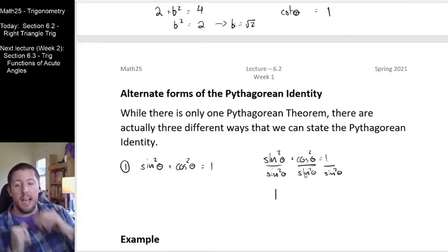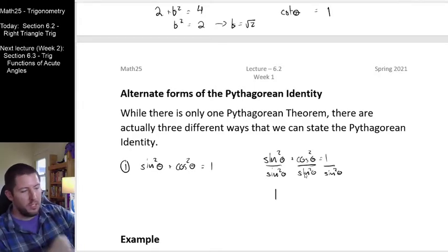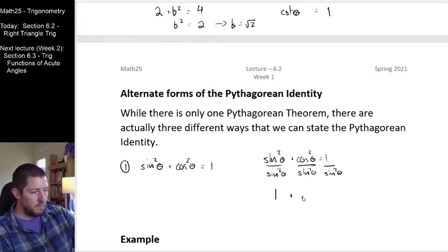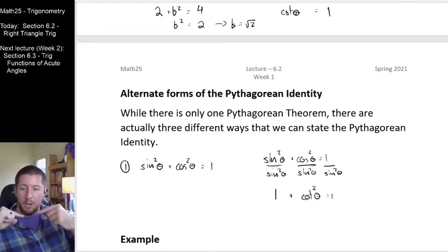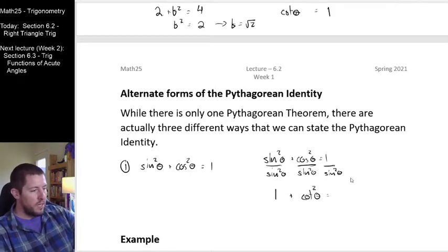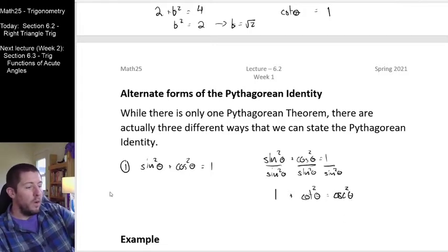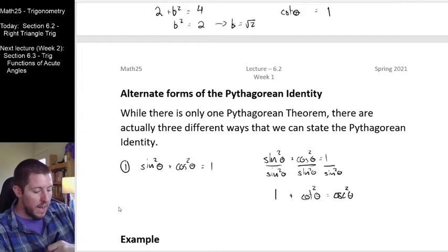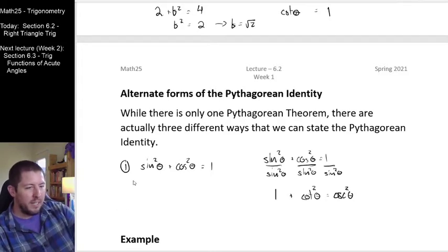Therefore, cosine over sine must be cotangent. And those terms are squared. And finally, we know that the reciprocal of sine is cosecant. So this looks to me to be cosecant squared here. So it looks like we've got here our next one, which typically is written ever so slightly differently. I'm just going to rearrange the order. Cotangent squared theta plus 1 equals cosecant squared of theta.